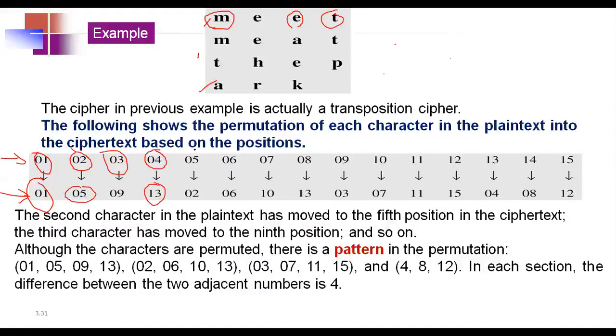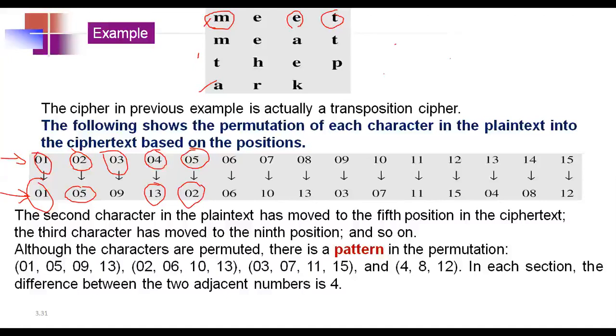Again, the fifth character in the plain text is the second character in the ciphertext. So here is one thing we have to observe: the second character in the plain text has moved to the fifth position in the ciphertext, and the third character has moved to the ninth position.